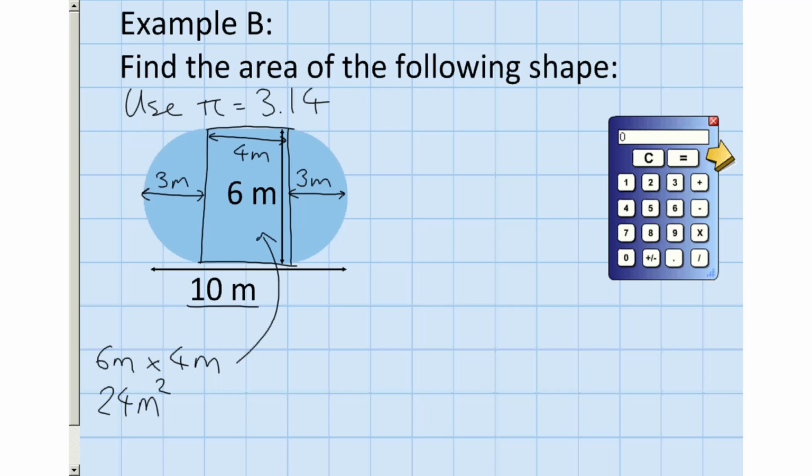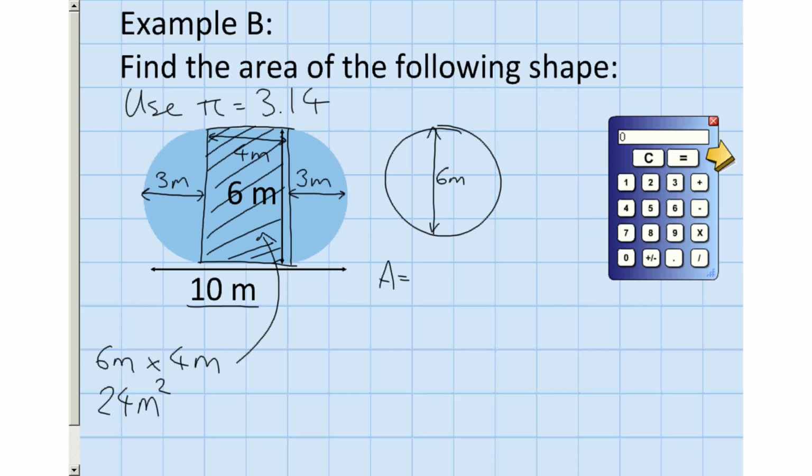Now we need to look at the two semicircles. What would happen if we got rid of this rectangle in the middle? We'd actually just end up with a circle. The two semicircles would make a single circle with a diameter of 6 meters. And using our formula, the area is pi times radius squared. The diameter is 6, the radius is 3.